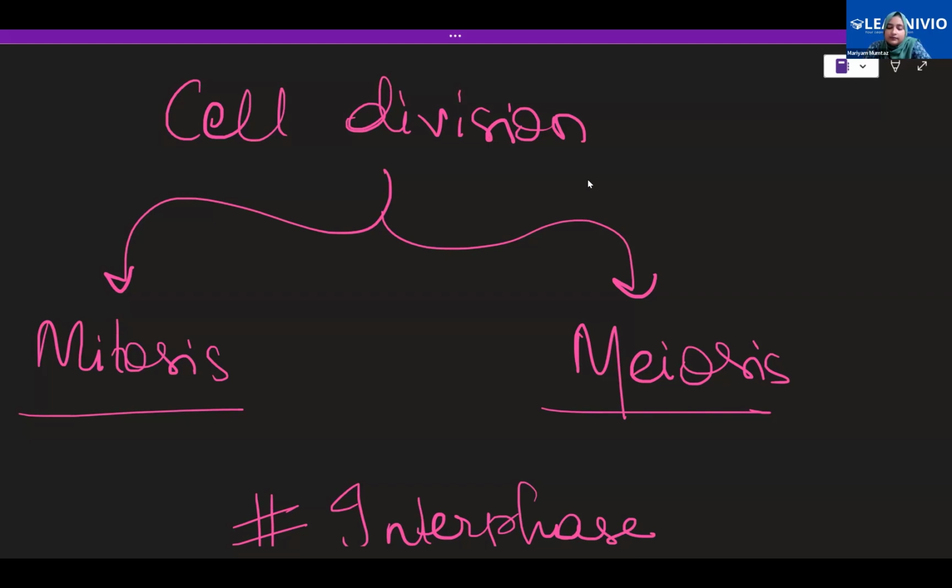No. What formation takes place in plant cells, since it has a cell wall? Cell plate formation takes place. Yes, cell plate. Can mitosis be used for reproduction? No, meiosis is for reproduction, right?